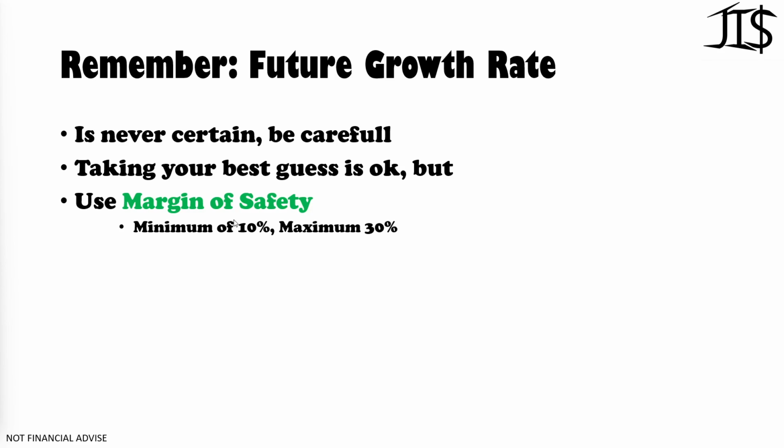If you really think the company is really volatile and really risky, then you can go higher with your margin of safety on the valuation. So when you think the stock is really risky, take a margin of safety of 40% there, and just take a margin of safety of 10% for the growth rate.